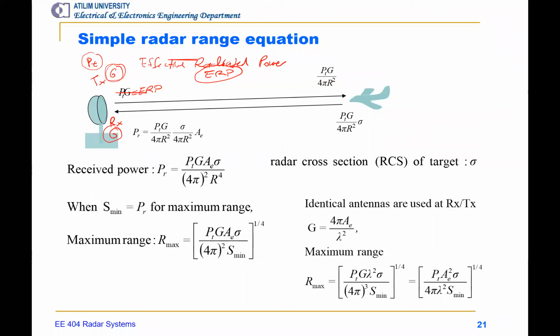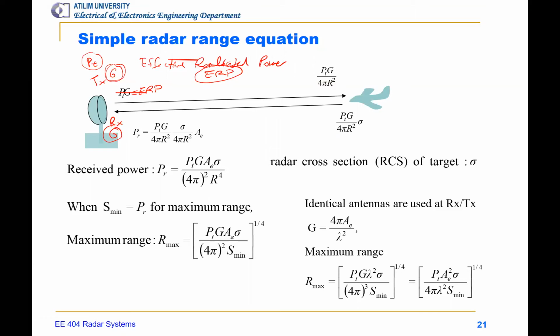Now, this power travels in space. At any distance r, if we consider that it's spreading in space, the power density in space will be the transmitted power times G divided by the area of a sphere.